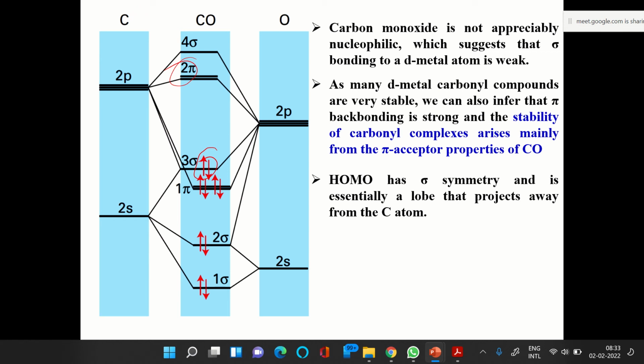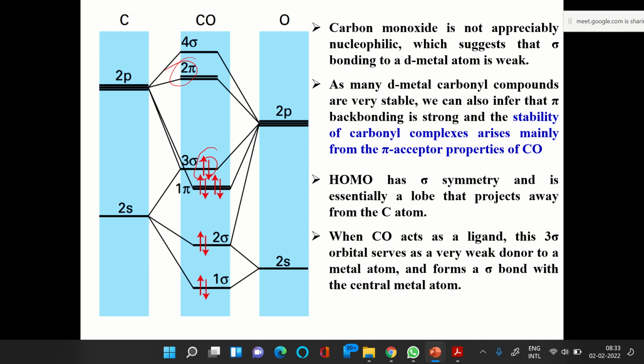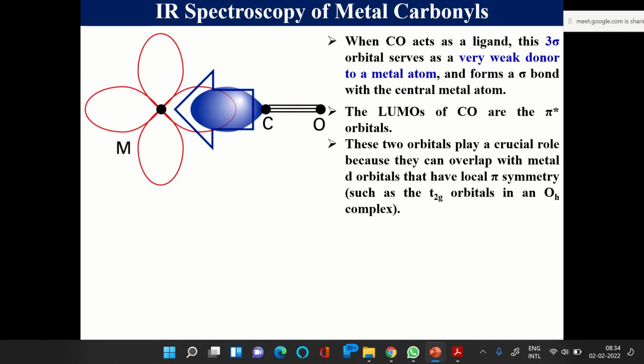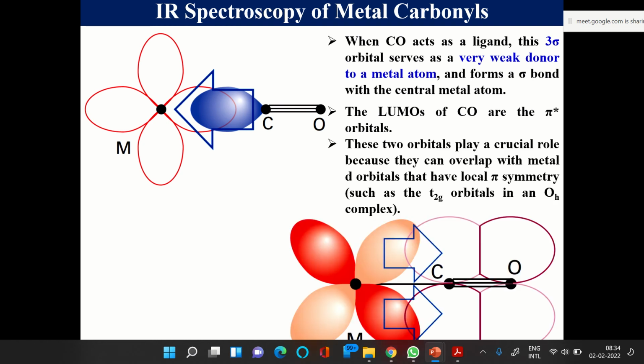Through sigma bonding, electron density is donated from CO to the metal, the electron density increases on the metal already, and if the metal already has some other electron pairs in the d subshell, that may overlap with the CO. So this is the scheme of bonding that we can discuss.